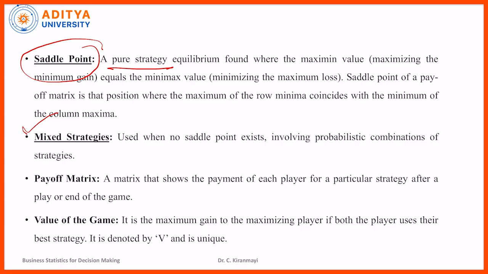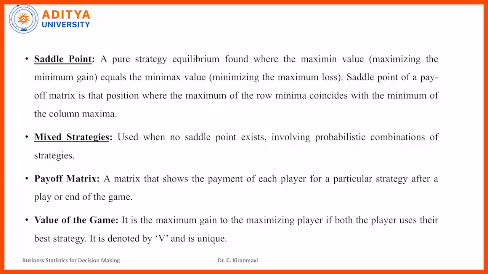That is, we cannot say exactly which strategy the player is going to use, and the players may use a combination of the strategies, which involves probability conditions. Therefore, in a game, if a saddle point does not exist, we can say that the players are using mixed strategies, that is, a combination of the strategies, right.